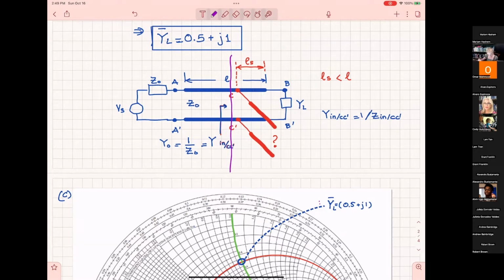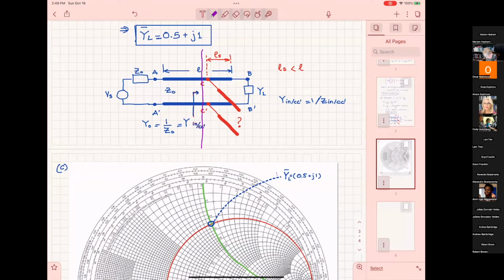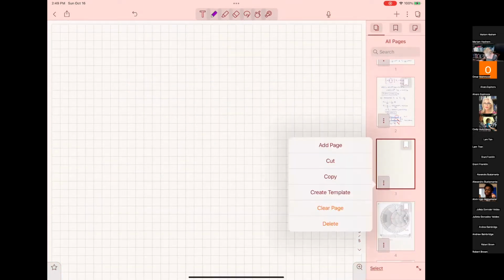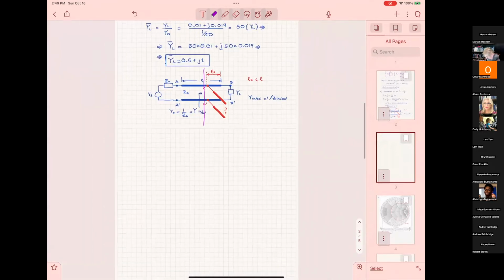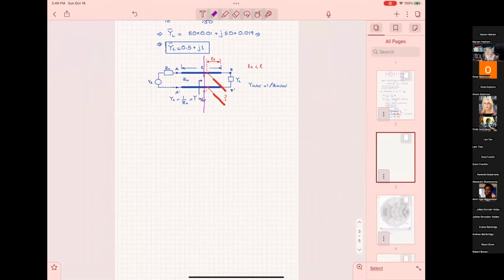In fact, to solve this question, let me put a page here and then we can remove it if you want. I will keep this here for a moment and ask you this problem.